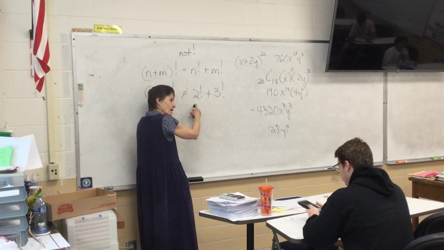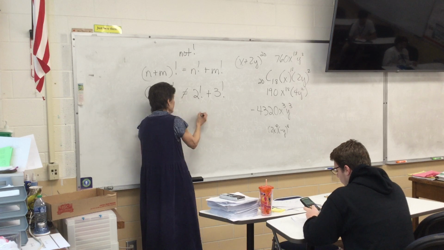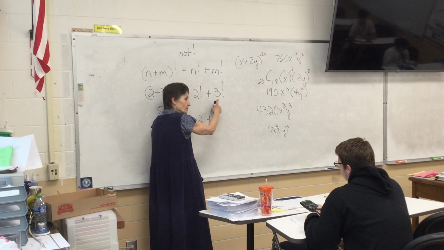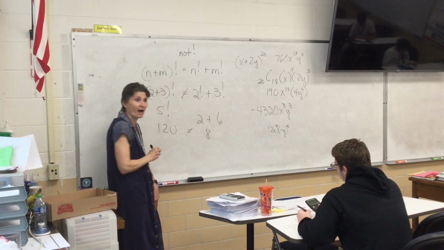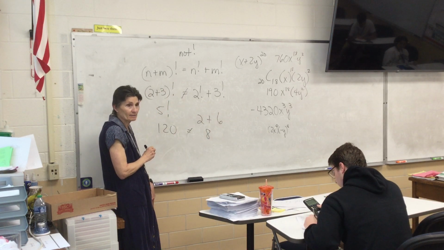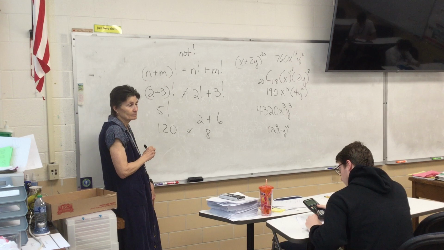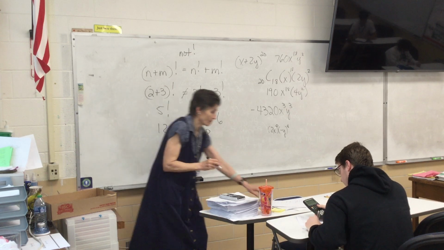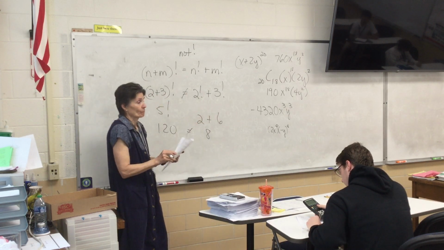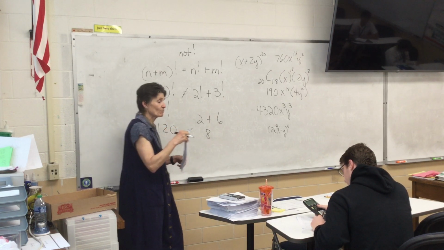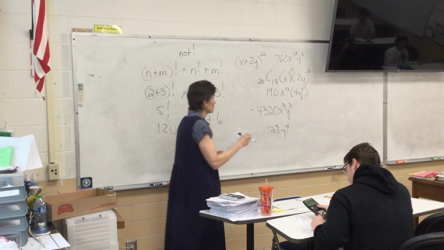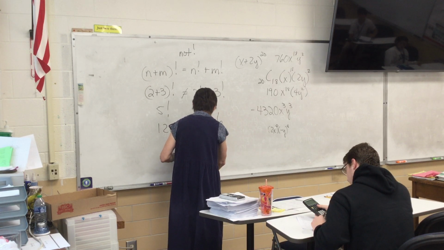Because what's 2 factorial? 2. What's 3 factorial? 6. And clearly 120 does not equal 8. When you're dealing with factorials, never try to shortcut. Just work it all out.